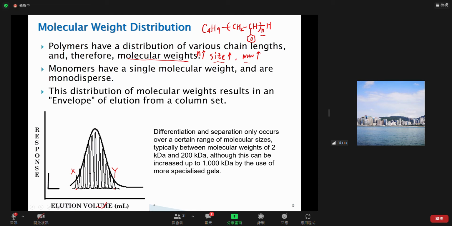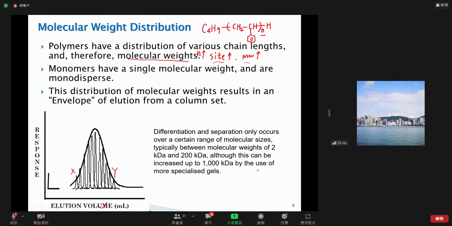Typically, according to the availability of the different ranges of pore size, you can separate molecular weights of 2,000 Dalton to 200,000, so 200 K Dalton.